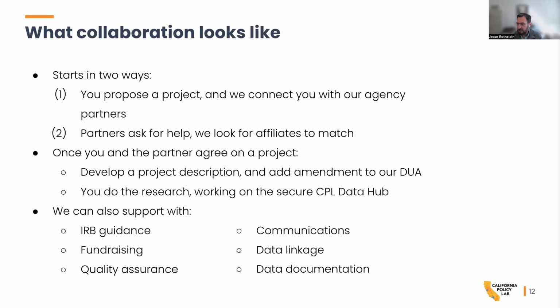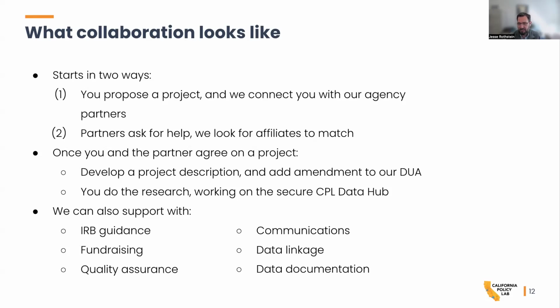Okay, so let me talk a little bit about what collaboration looks like, and we're getting close to the end of my part, and I'll turn it over to some of my colleagues. The projects start in one of two ways. One is you come to us with a project you'd like to do, and we connect you with our agency partners, and we say, hey, look, this is a project that we'd like to support.